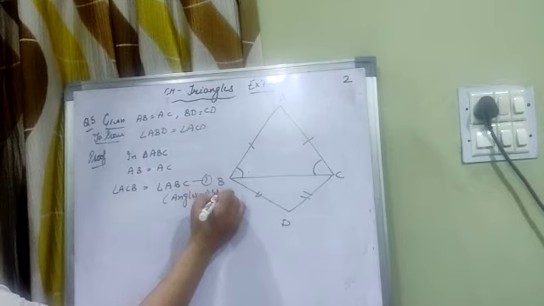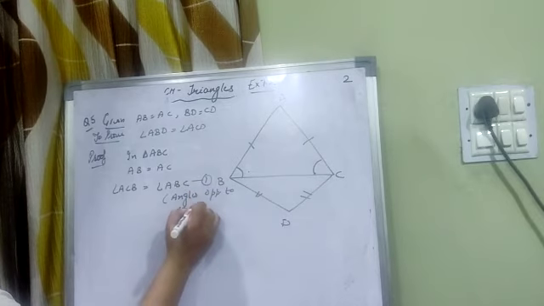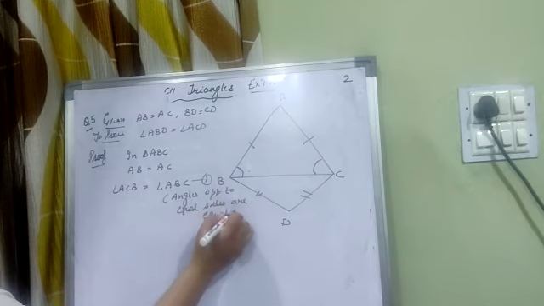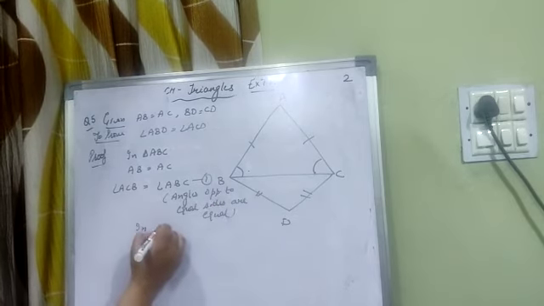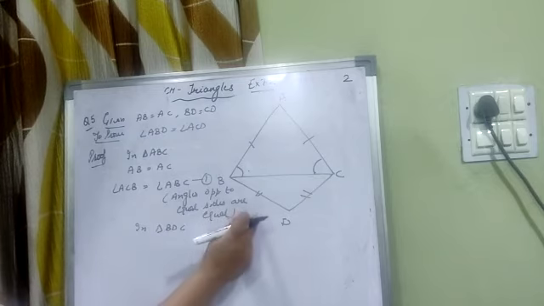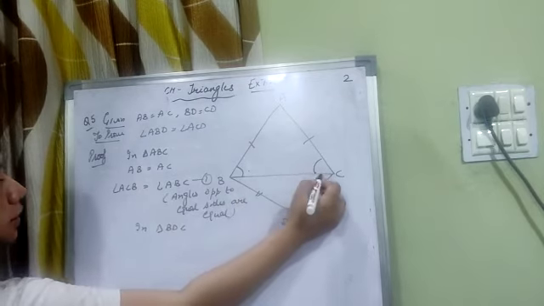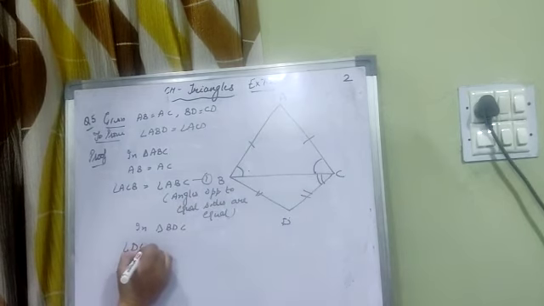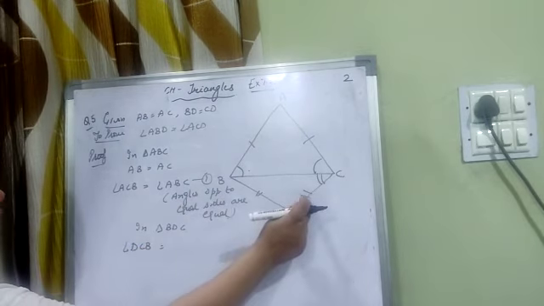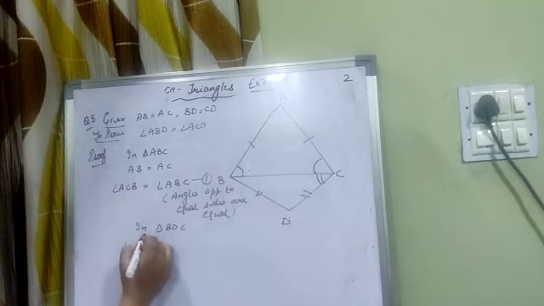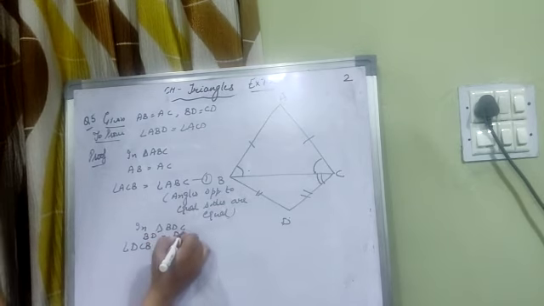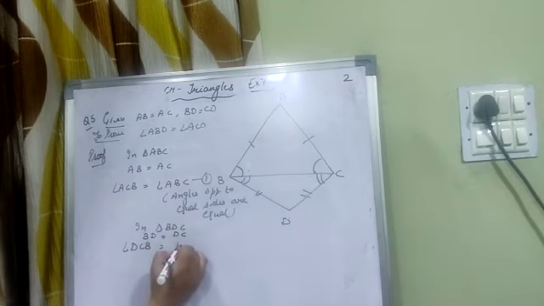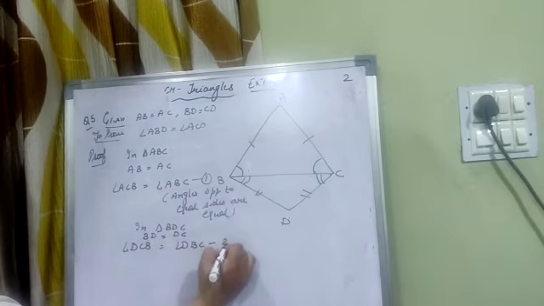Angles opposite to equal sides are equal, and let it be number 1. And in the next triangle BDC, again angle opposite to BD is this angle DCB, and first we will write the side BD is equal to CD, and angle opposite to side CD is this angle DBC. That will be number 2.